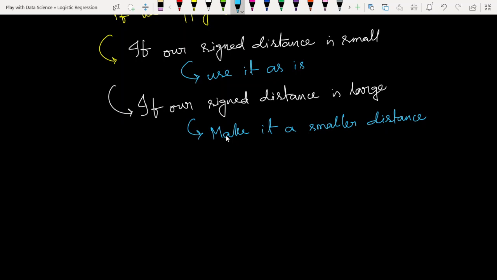This is the primary key concept, nothing else.